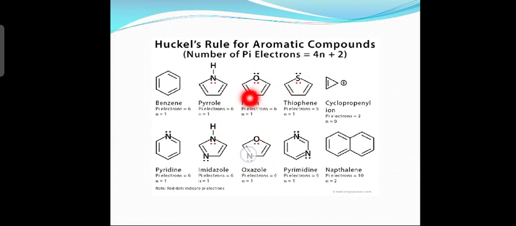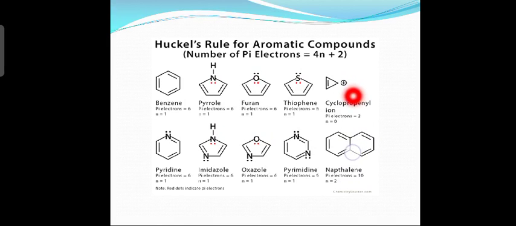Similarly in furan, 2 double bonds means 2 pi bonds. 2 into 2 is 4, plus 2 from the lone pair. One lone pair comes in, the other doesn't. So it has n equal to 1. Similarly thiophene, n equal to 1, has 6 pi electrons. Even the cyclopropenyl ion.